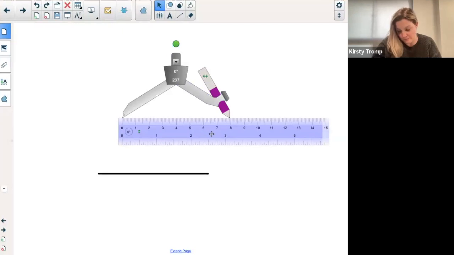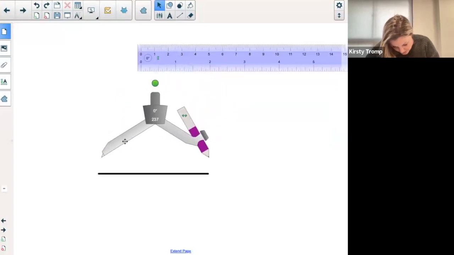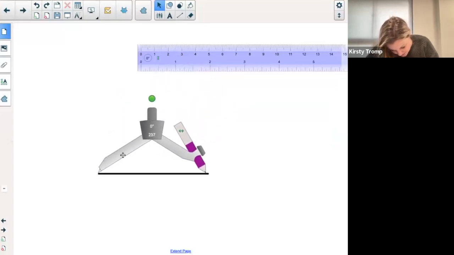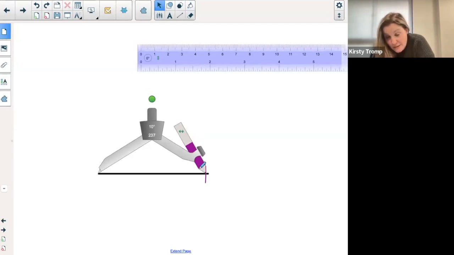Right, I'm moving my ruler out the way. I'm bringing that pencil and my compass down to the bottom here. I can already see that my pencil mark went a little bit off when I drew it. So the first thing I'm going to do is make a little mark over there. Tell myself that that's 8 centimeters actually.